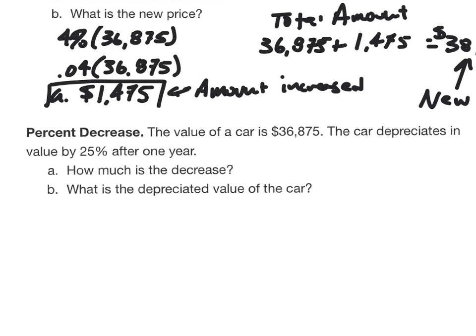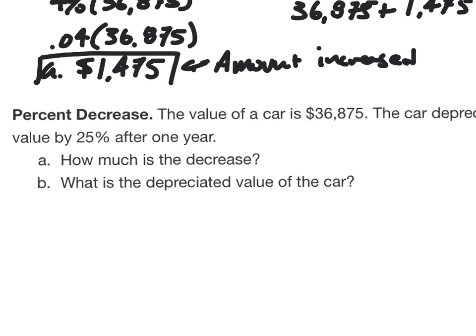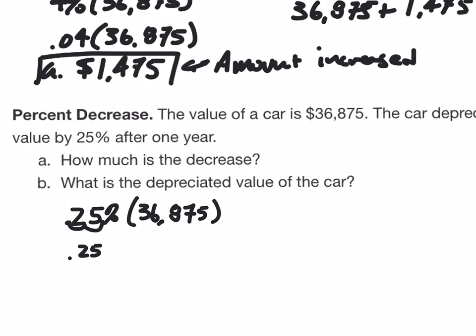What I want to do is take 25% of $36,875. So let's move the decimal place over 2 places. So 0.25 times 36,875, and let's see what that is.